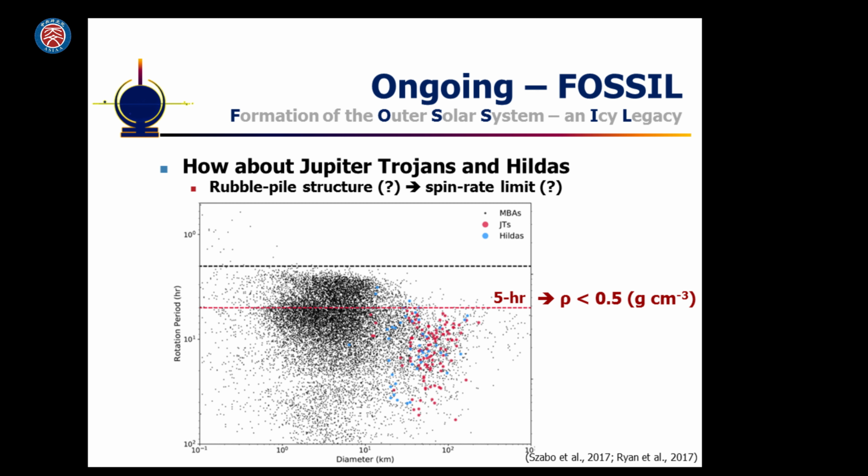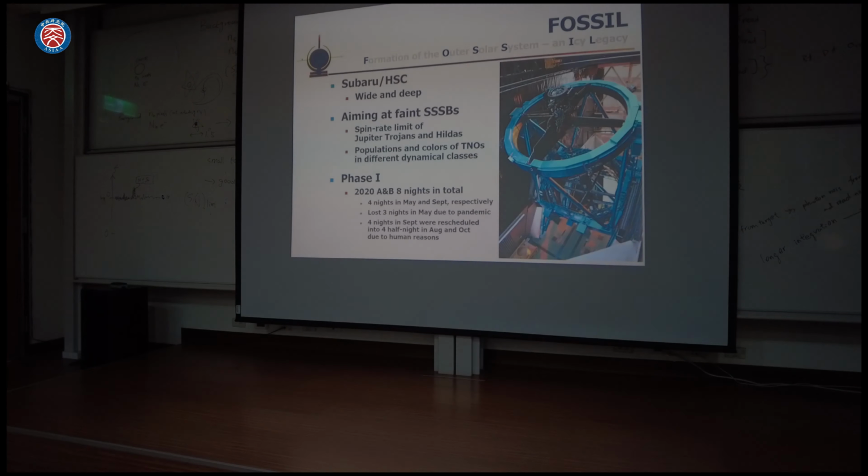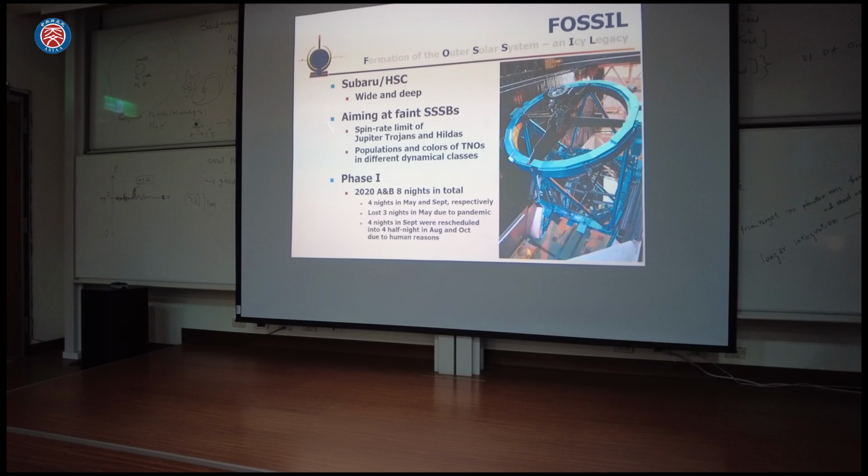In order to measure Hilda and Jupiter Trojan rotation periods, we need a telescope with a very large aperture and also a detector with a good field of view. That is the reason why we proposed to Subaru to use Hyper Suprime-Cam, and we initiated a project called FOSSIL, the Formation of the Outer Solar System and an Icy Legacy.